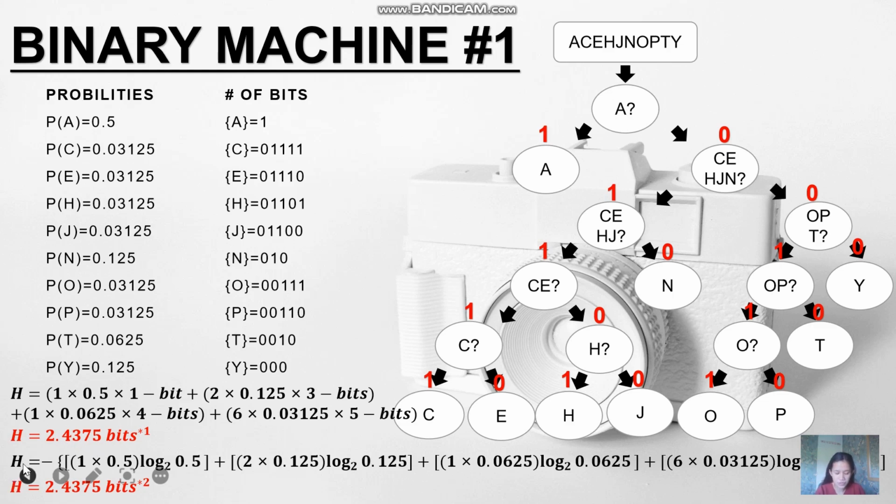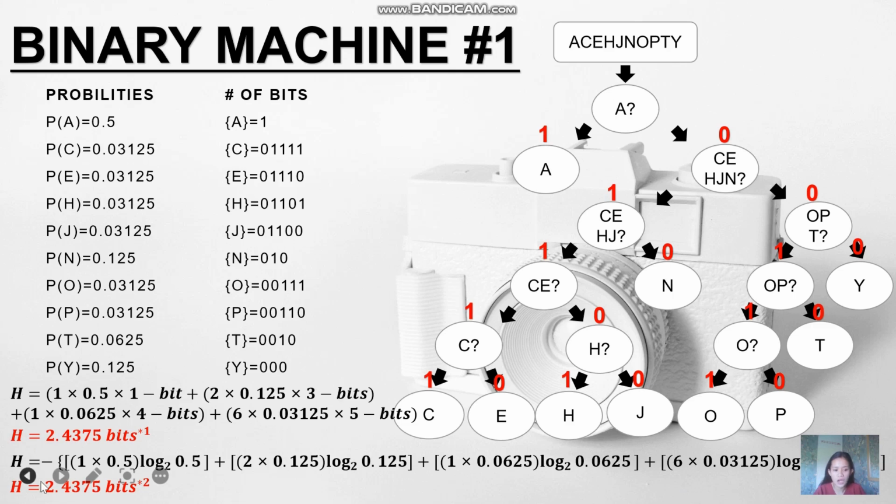And the same with this second equation, because this is using the Hartley equation or Hartley function. So the solution is negative 1 times 0.5 log of 0.5 to the base 2, and then plus 2 times 0.125 log of 0.125 to the base 2, and plus 1 times 0.0625 log of 0.0625 to the base 2, and then plus 6 times 0.03125 log of 0.03125 to the base 2.